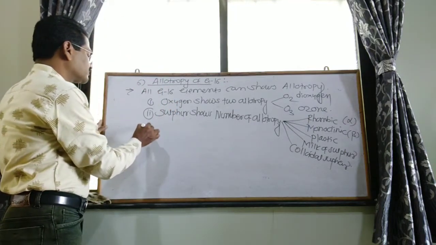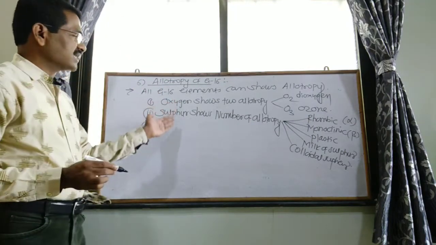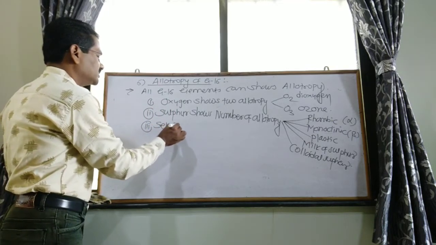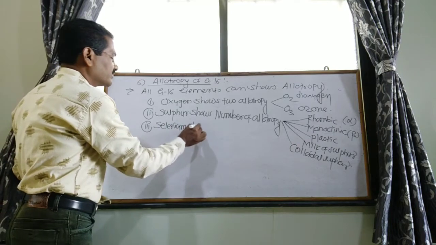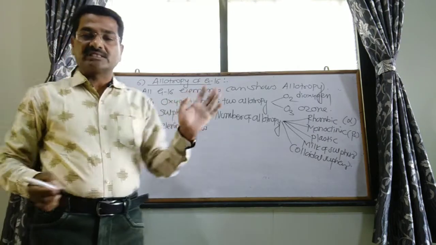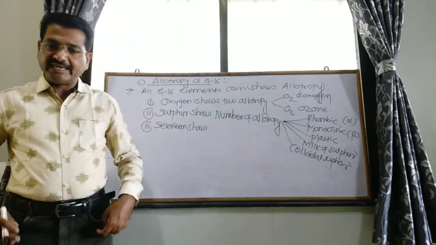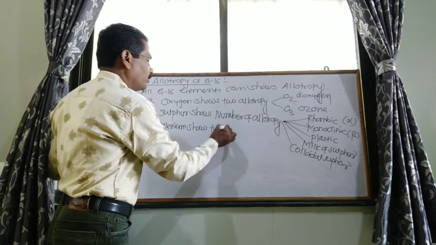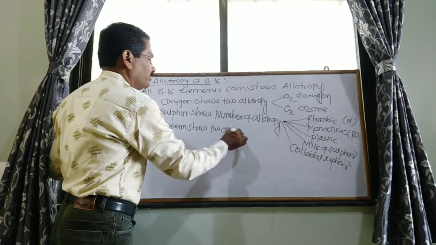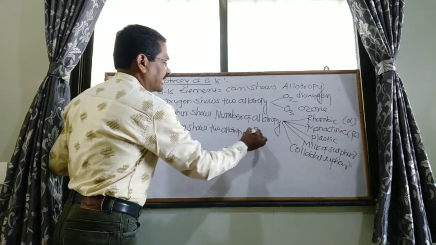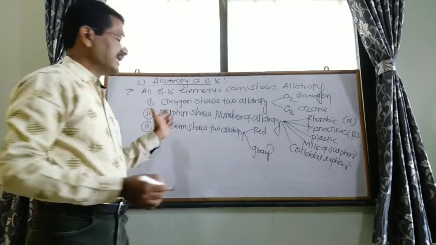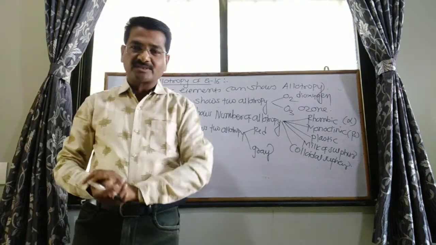Third, after oxygen and sulfur, selenium. Selenium is the third element, and it can show two allotropic forms.